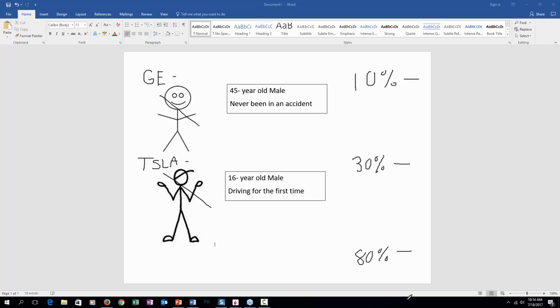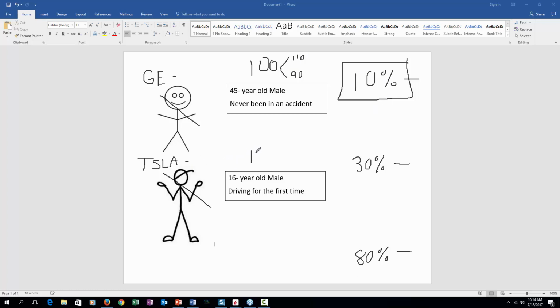Well, one way to think of it is as an annualized number. Let's say General Electric was trading at $100. Its expected volatility range for the year would be between $110 and $90 with a 10% implied volatility.